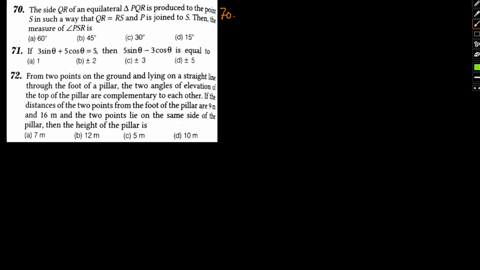So here we have an equilateral triangle PQR. Say this is our equilateral triangle. This is P, this is Q, and this is R. Now what's given?